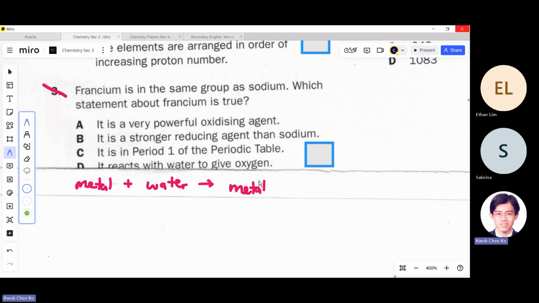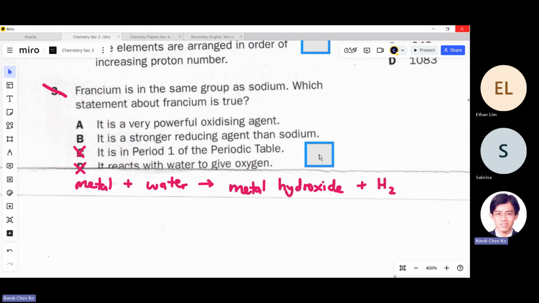You will get a metal hydroxide plus H2. Yes, we did go through this last week, even though officially it's not in the chapter yet. So of course, this is wrong too. But I'll give you the answer anyway on number 3, even though it's not covered yet.